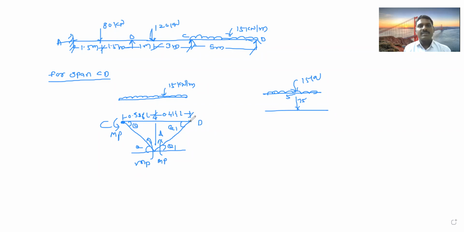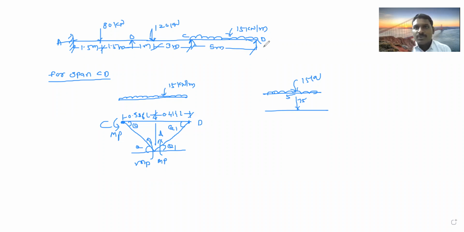Now at point D, what will be the moment? Zero. Why will the moment at D be zero? Because it is simply supported. Good. At a fixed support, moment will be present. At continuous supports, moment will be present. D is the simple support and end support.